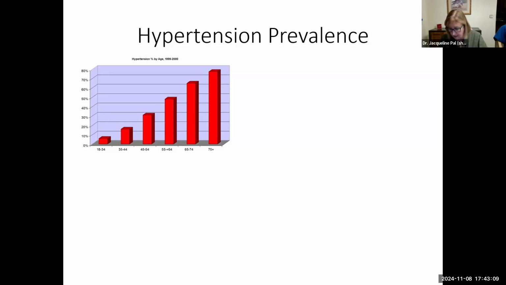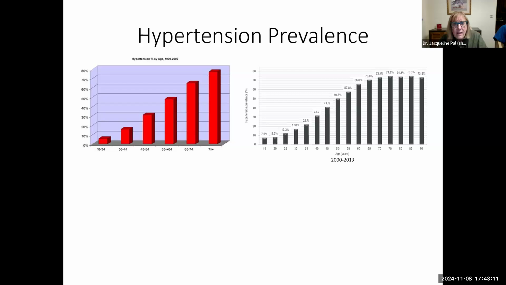Well, look what happened in just 10 years' time. By the time you hit 60, it was 66% of the people. By the time you hit 50, 1 in 2 people have high blood pressure.